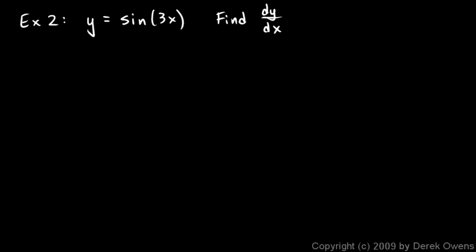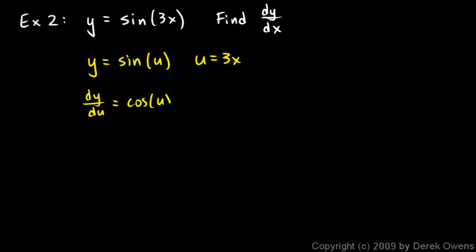Okay, here's example 2. y is equal to sine of 3x. Find dy/dx. Okay, let's rewrite y as the sine of u. And that's a good way to write y, as long as u is equal to 3x. So let's find the derivative of each of these. dy/du is equal to the cosine of u. We saw earlier that the derivative of the sine function is the cosine function. And du/dx is simply 3.